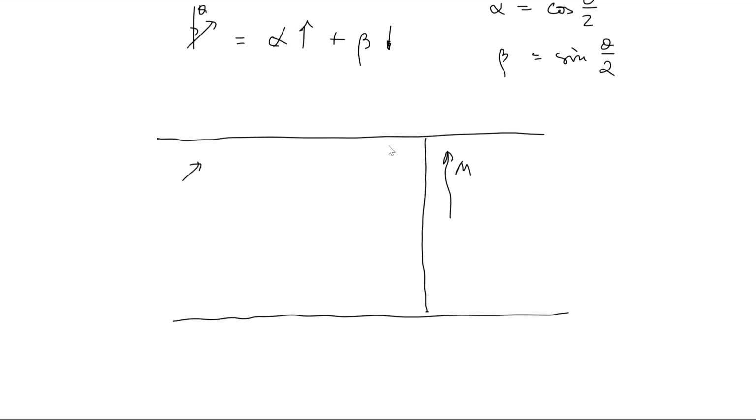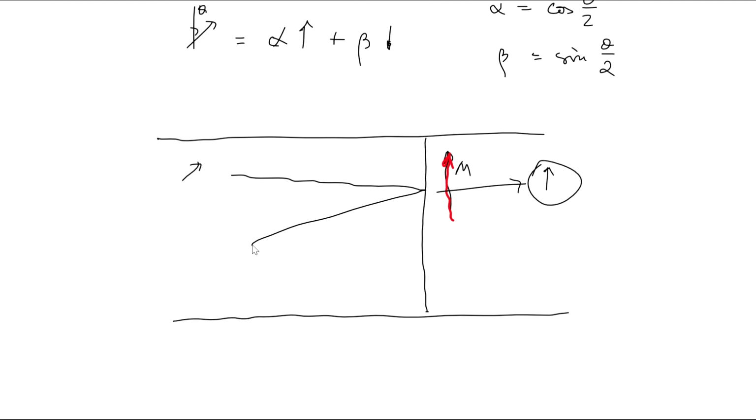This is magnetization. This is the ferromagnet, this is metal. What happens is that when this electron transfers, it is a superposition of spin up and spin down states, which means that the spin up state would go through, and the spin down portion of that would reflect.